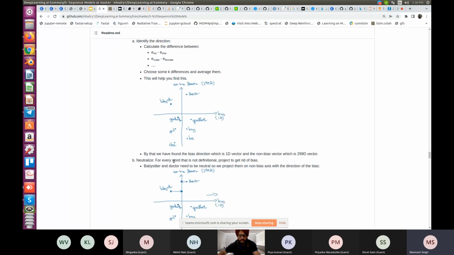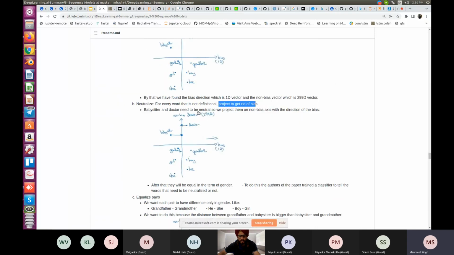For every word that is not definitional, the project is to get rid of the bias. So babysitter and doctor need to be gender neutral. So we project them onto the non-bias axis, along the direction of bias. You can see this is a gender axis, and babysitter and doctor have a gender bias, and after that they will be equal in terms of gender.